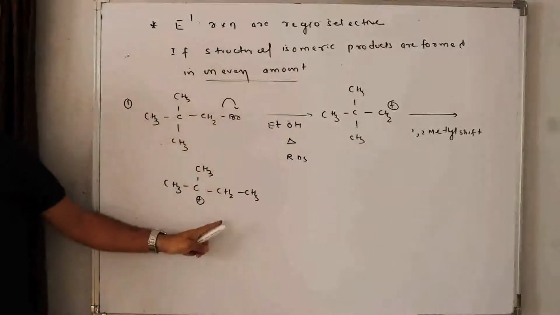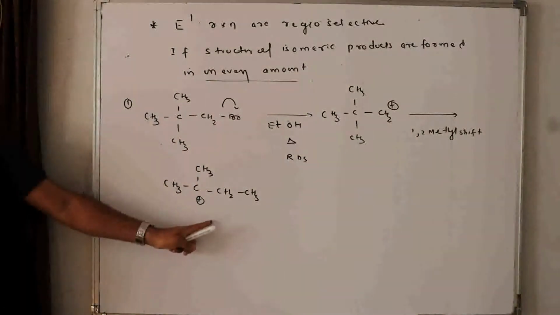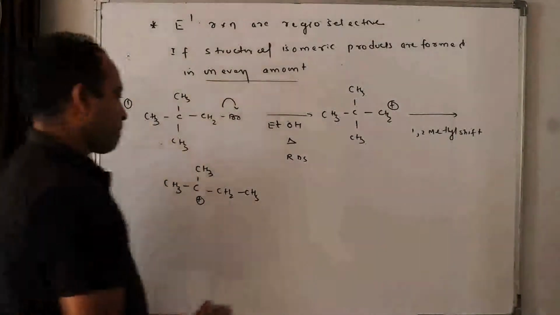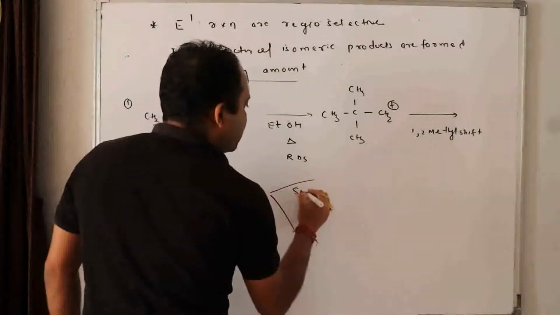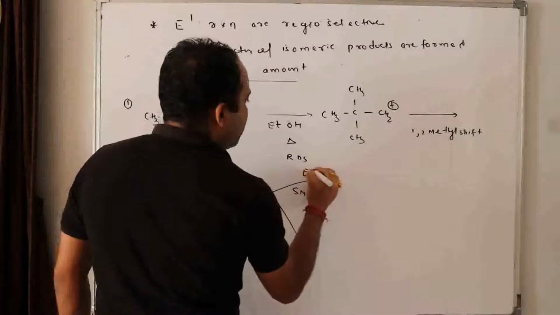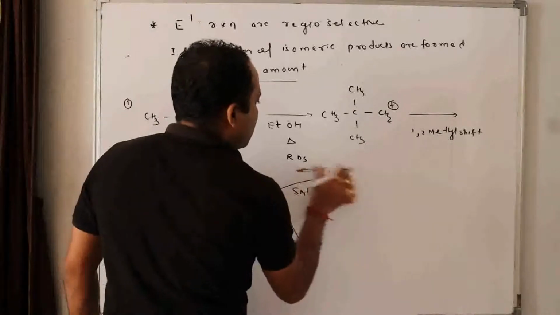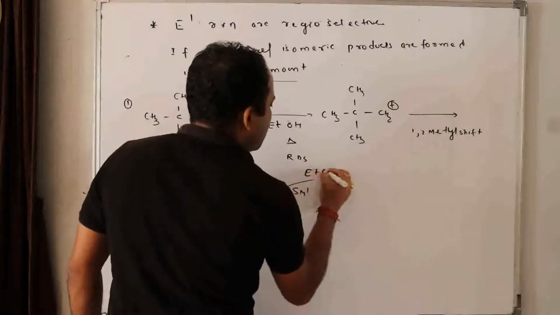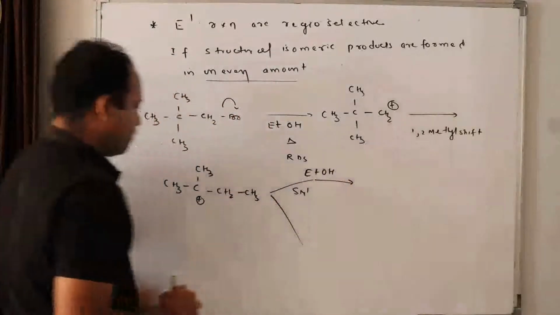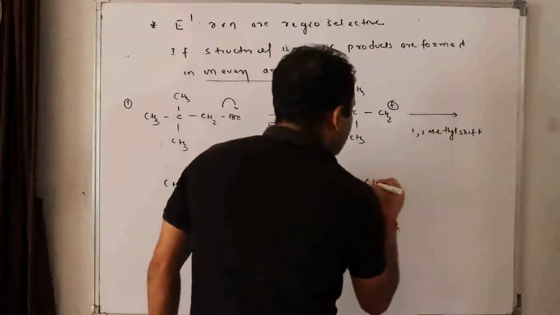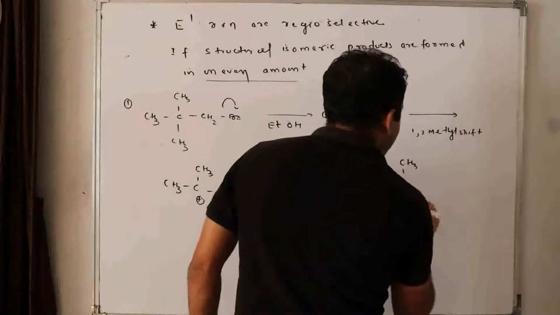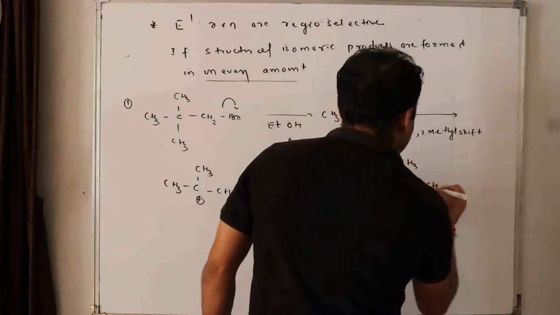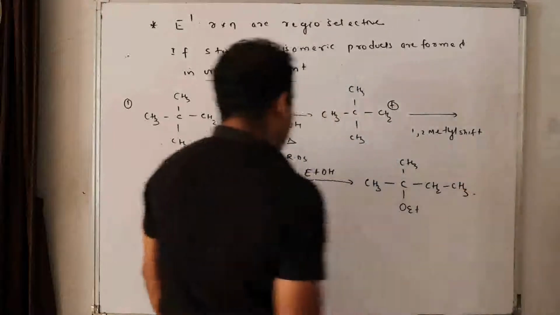Isn't it? Doubt? Now, in the next step, what will happen? If SN1 is considered with the help of ethanol, it will form CH3 C CH3 OEt CH2 CH3.